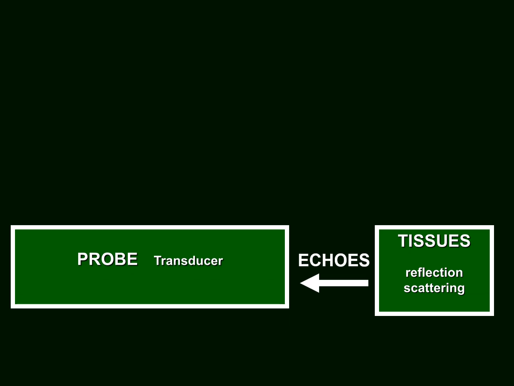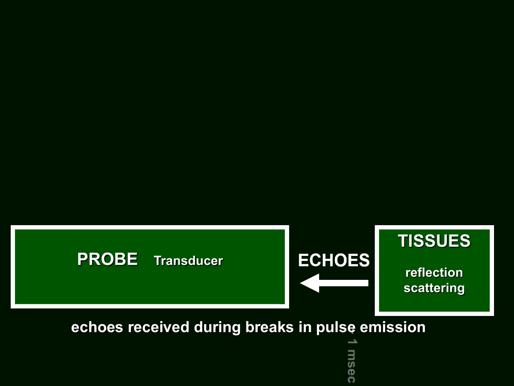The echoes are the carriers of the ultrasonic information that return to the probe and are transformed by the transducer into electrical signals. The echoes are received during the breaks in the pulse emission, which is about 1 millisecond, in order not to interfere with the transducer that emits and receives.